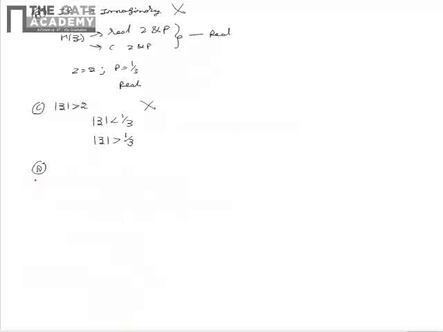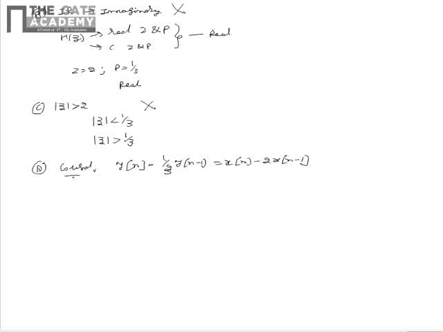Now, as per option D, it is given that if system is causal, the difference equation y of n minus 1/3 y of n minus 1 equal to x of n minus 2 times x of n minus 1 represents the system.